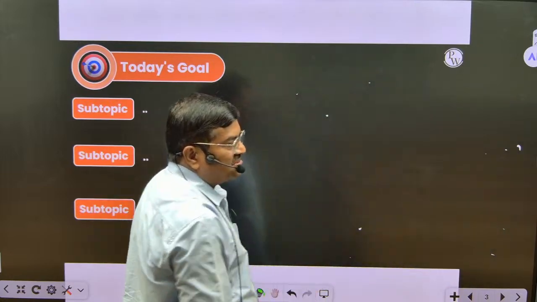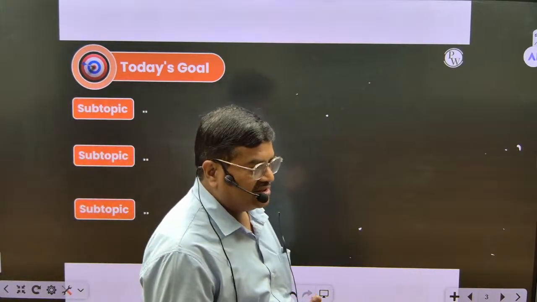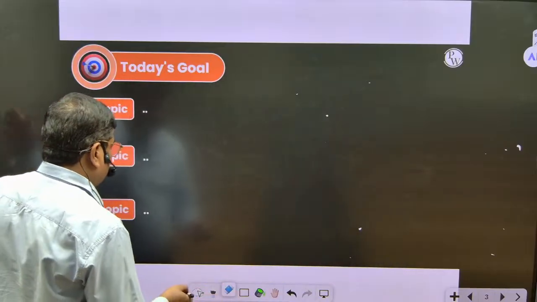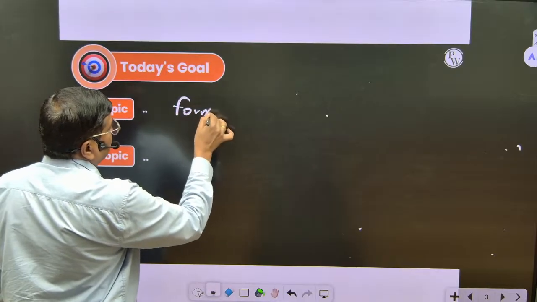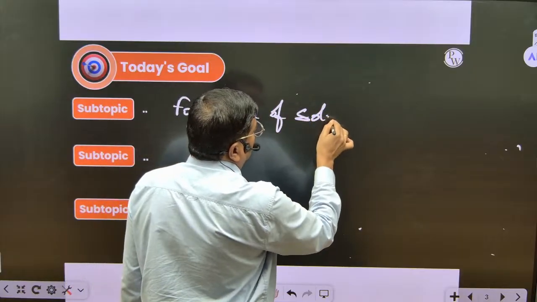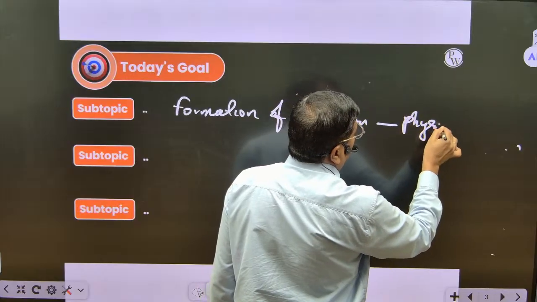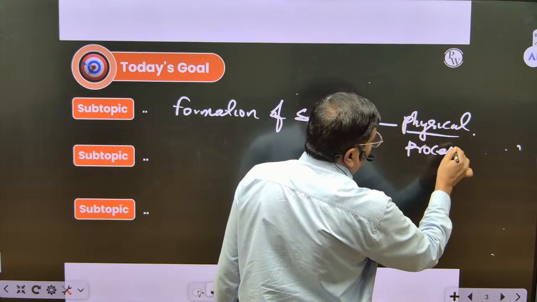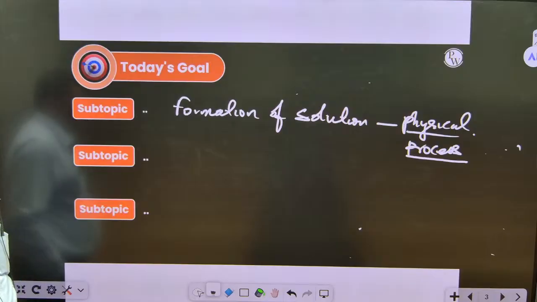It is a physical process. Why? For example, you take sugar solution and you boil the solution. What happens? We can separate the solute and solvent. So make a note, formation of solution is a physical process. Understood? So solution formation is not chemical, it is a physical process.